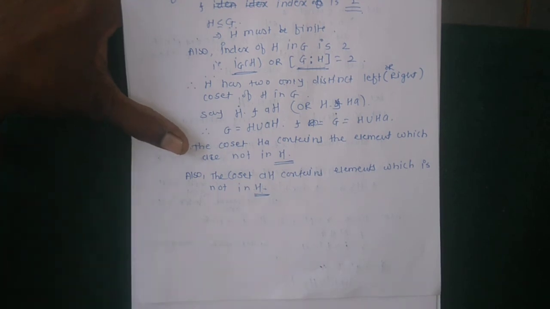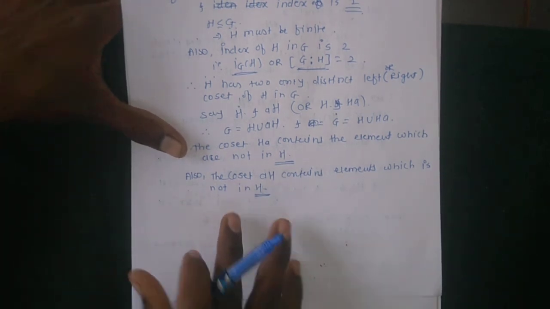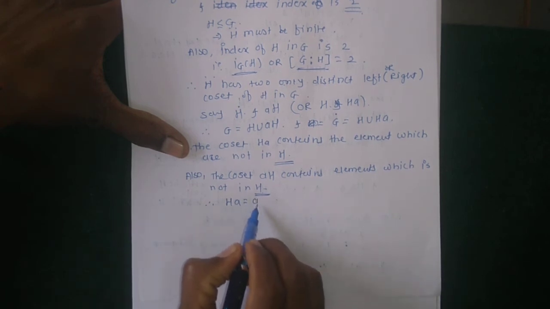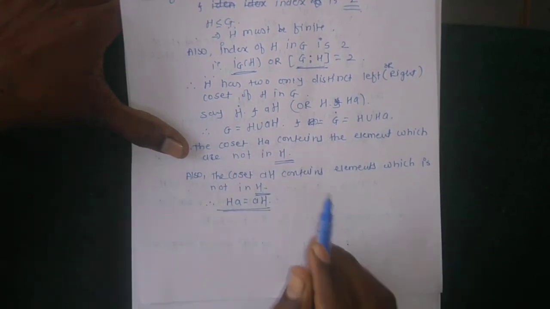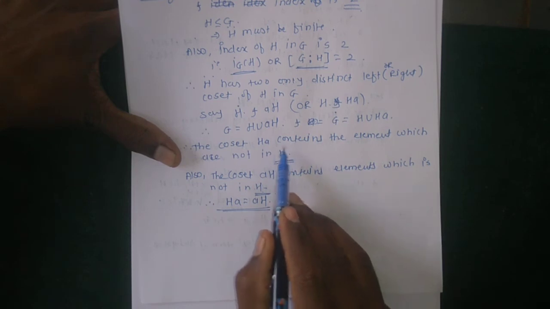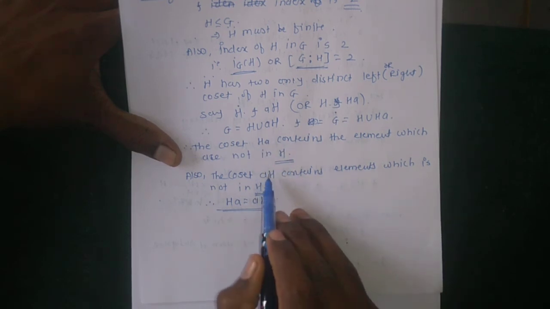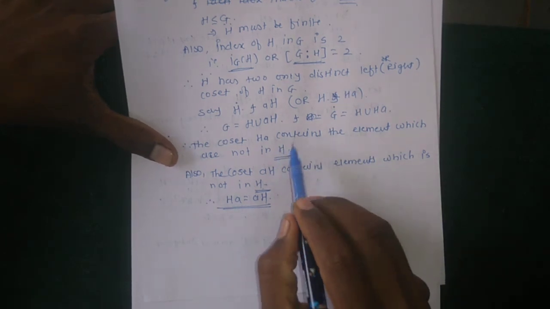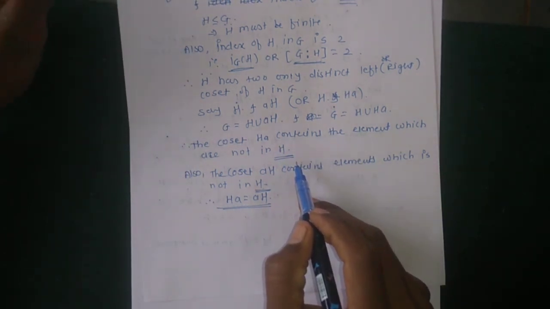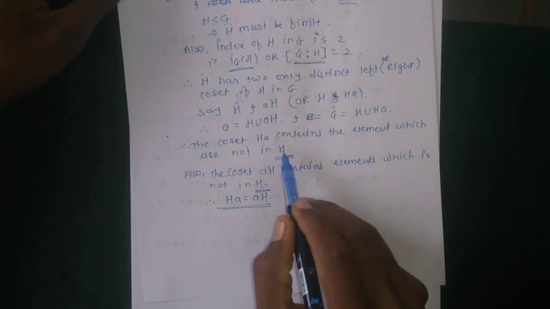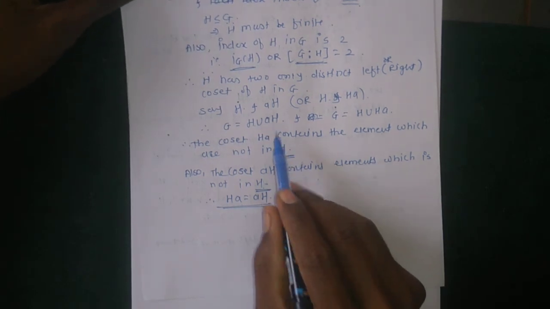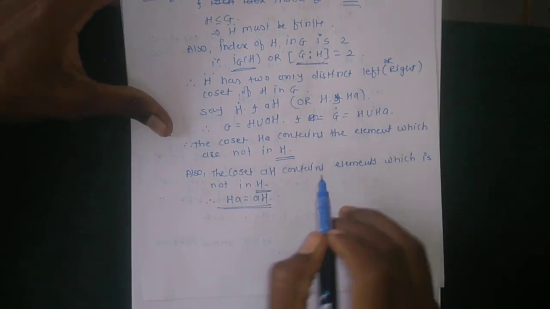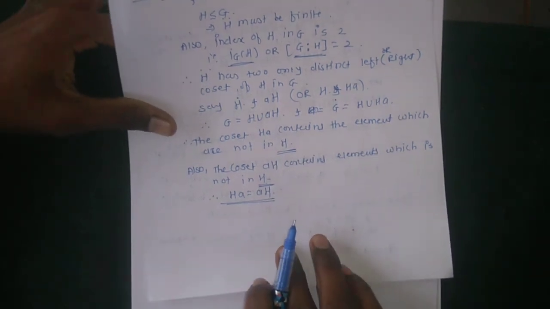Therefore Ha equals aH, because H is the same: H has only two distinct cosets, and H is a common distinct coset in both left and right. So only aH and Ha must be the same.